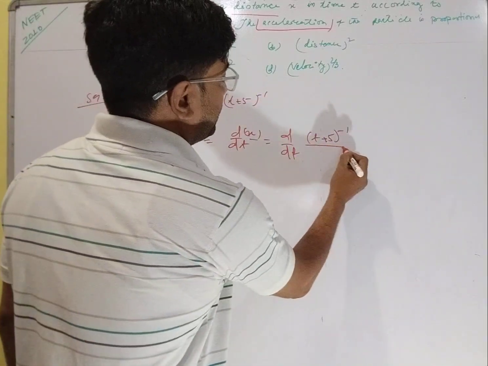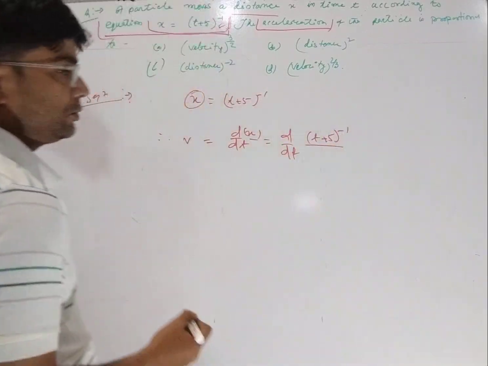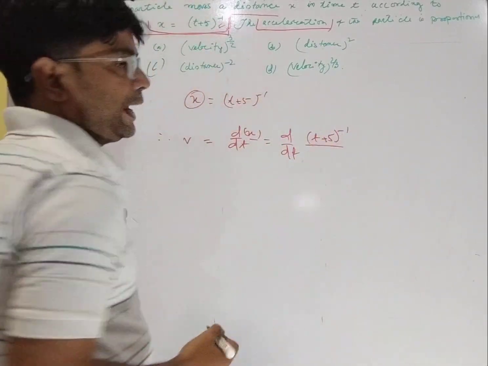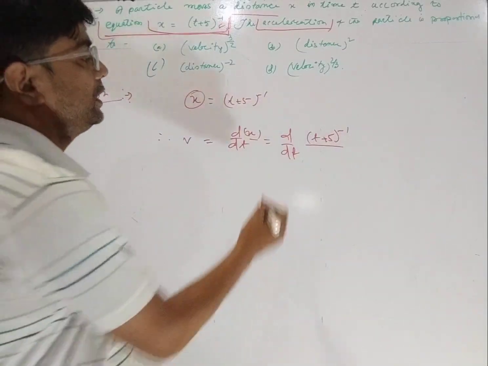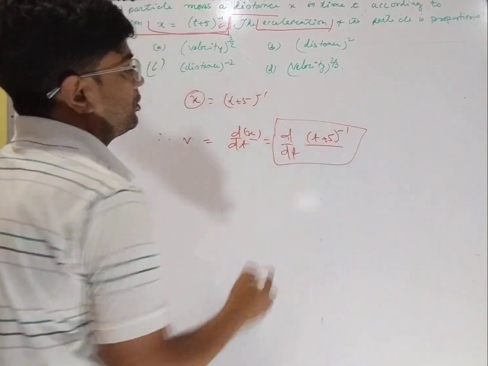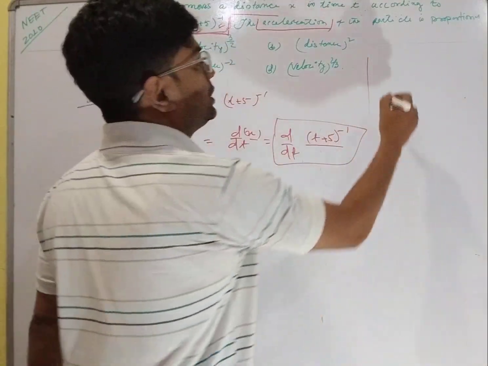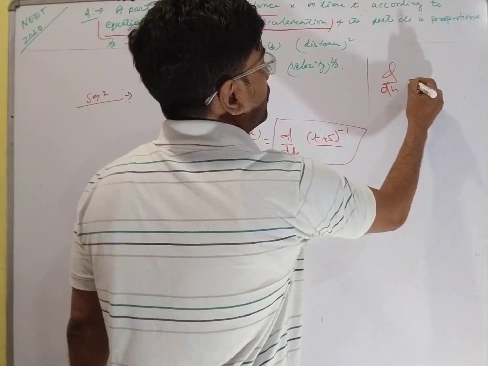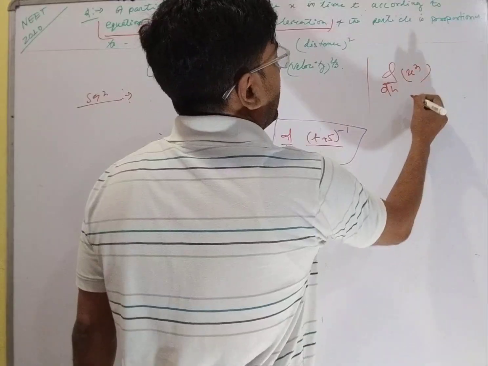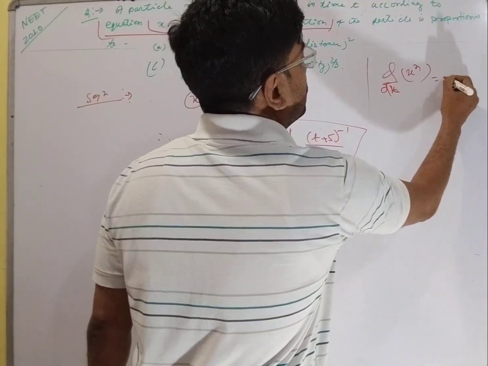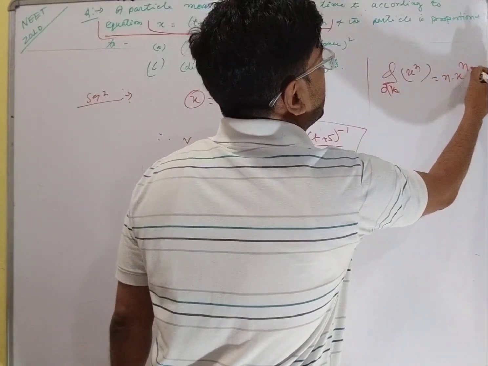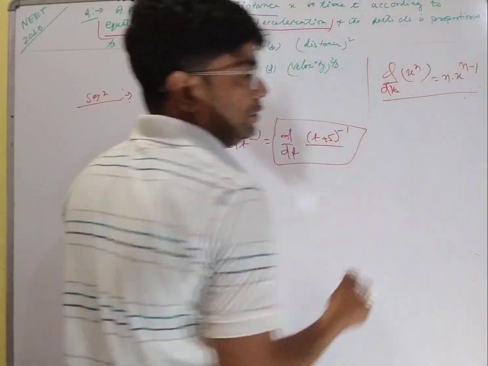To calculate this differentiation, I am going to use the exponential formula of differentiation. The differentiation of x to the power n with respect to x is equal to n into x to the power n minus 1. I am going to use this.